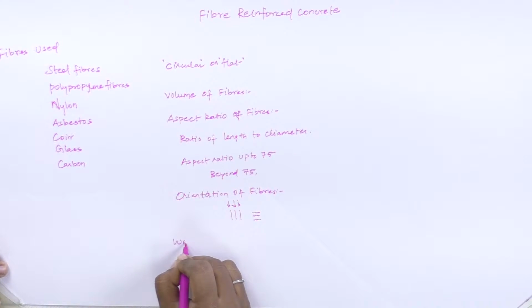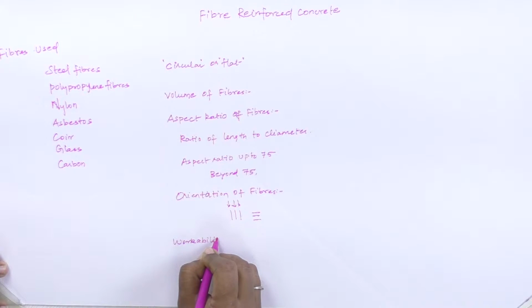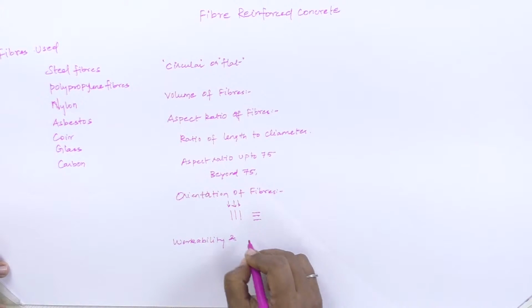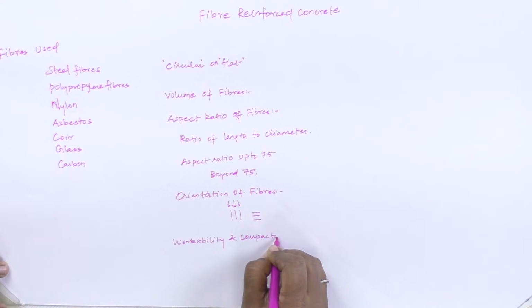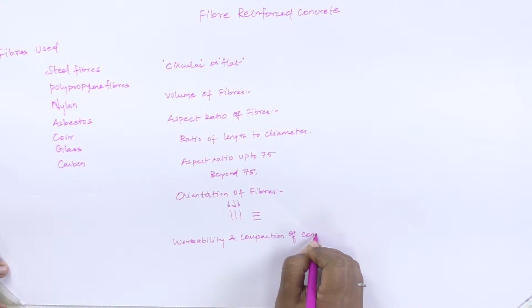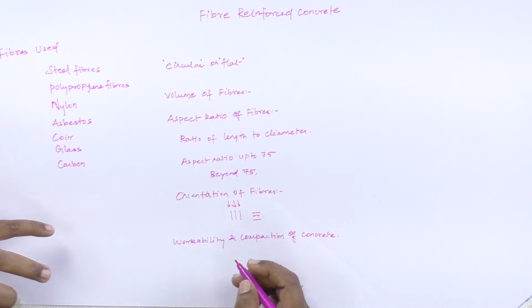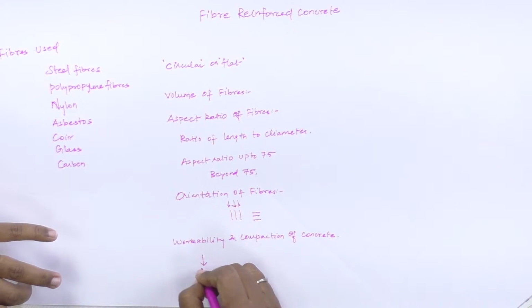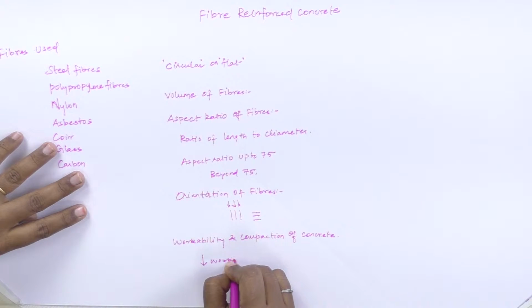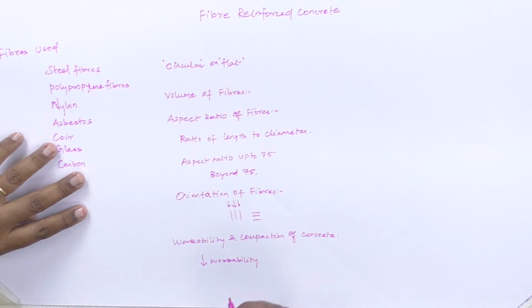Next we will discuss workability and compaction of concrete. The incorporation of steel fibers will normally decrease the workability, and if workability is decreased, then it leads to poor compaction of concrete.